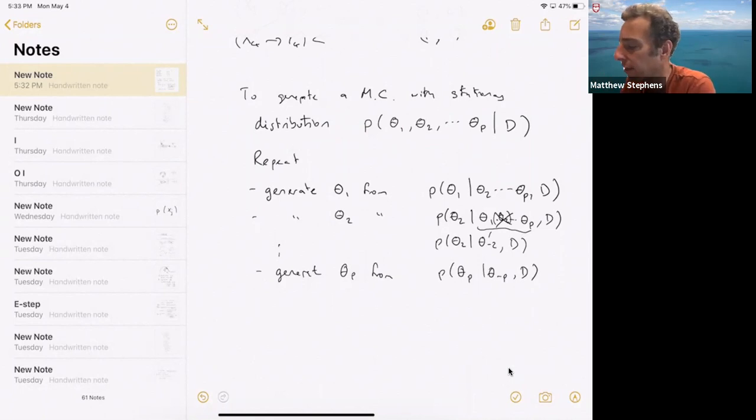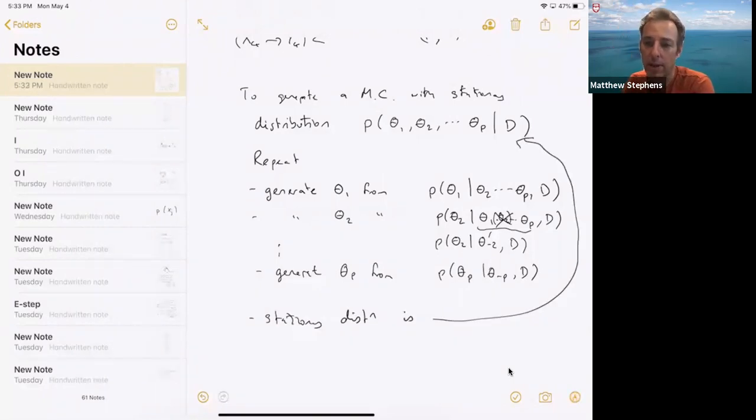There's a D in every case because in Bayesian inference we usually want to do inference given D. By essentially the same arguments, this will have as its stationary distribution the joint distribution that we wanted to sample from. The case we just gave was the no data case, so D is empty, P is 2, theta 1 was X and theta 2 was Y.